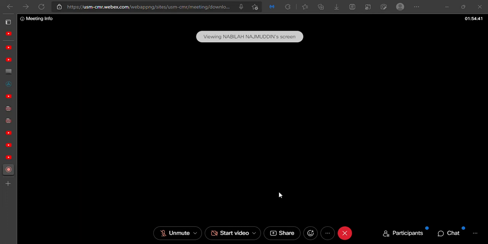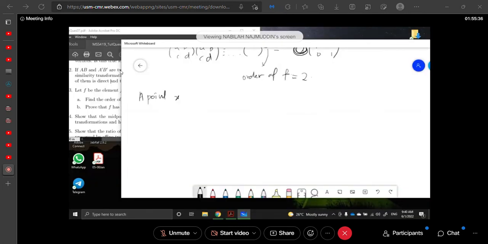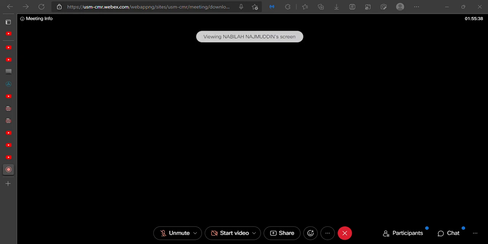Okay. We have a point X, that X is a fixed point. A point X is a fixed point if X equals (AX plus B) over (CX plus D), and try to express X in the form of only A, B, C, D.